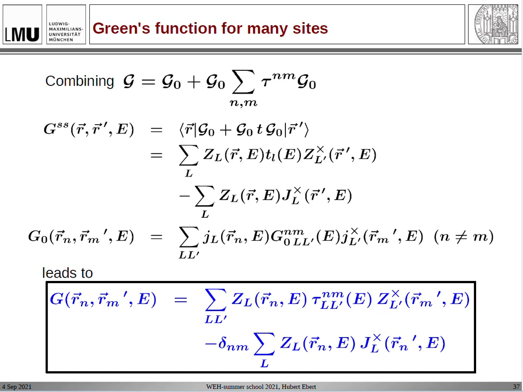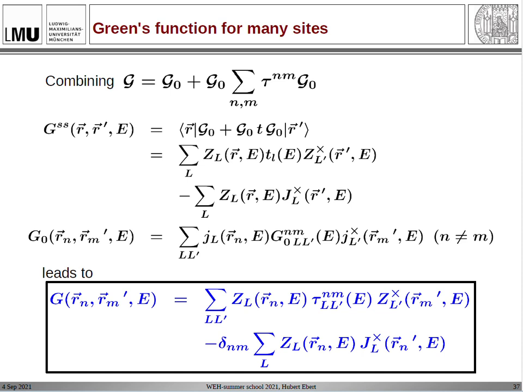So this is available, and now you plug in all and everything, and what you get then is that expression for the Green's function for any position in space R prime. So R and R prime could be in the same atomic cell. Then you have this nasty term that has an irregular solution included, J, or you have n and m prime, R and R prime in different sites, and then you have only that term.